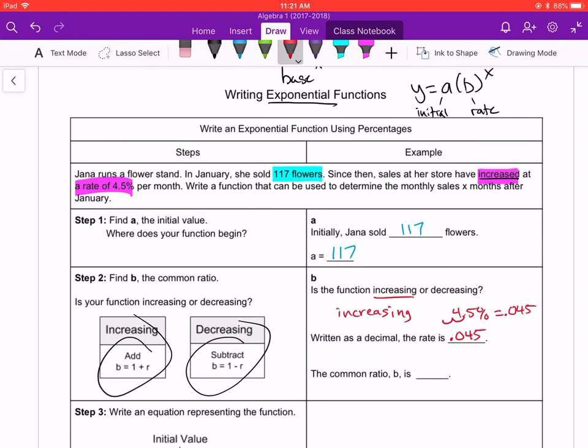Now we're just going to add 1 to that, 1 plus 0.045. So the common ratio would be 1.045, and that's your b. Be careful of that decimal. Plug it into the calculator to check, especially on the STAAR. Check your math.